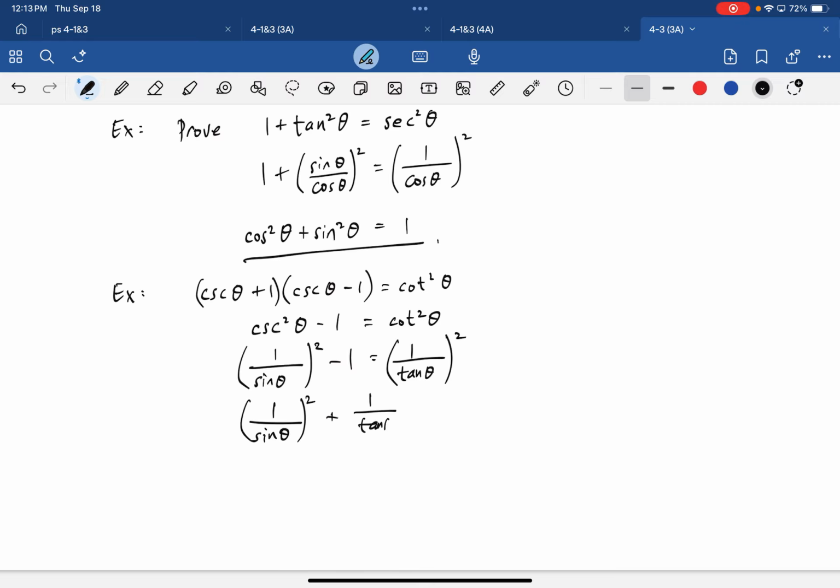Square everything, so have 1 over sine squared theta... or not square everything, sorry. Why'd you add 1 over tangent? Not negative. Sorry, you're right. I found my mistake.